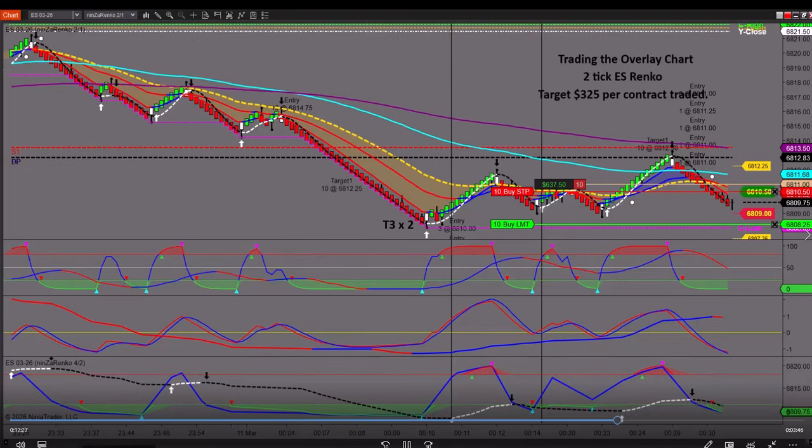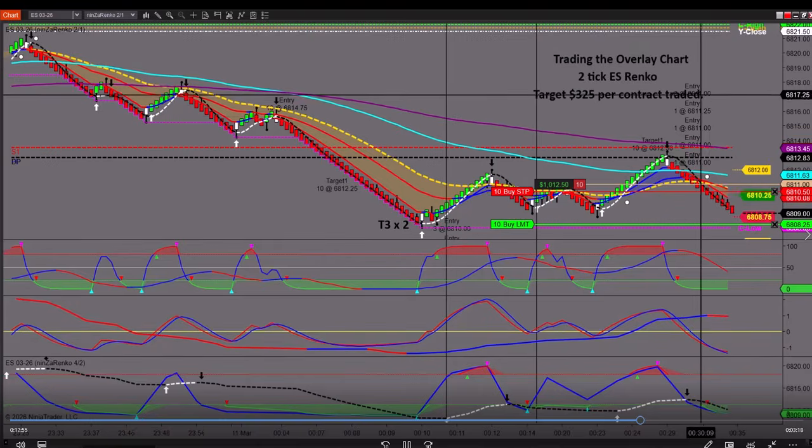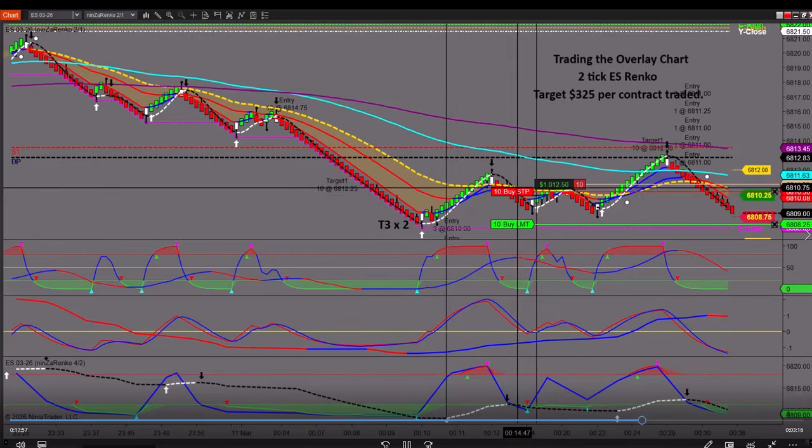Remember, I'm trading the ES here, 10 contracts, so one tick's $125. So what's my commission on this? My commission on a full contract is $4.36 per contract, or $43.60 per 10 lots.